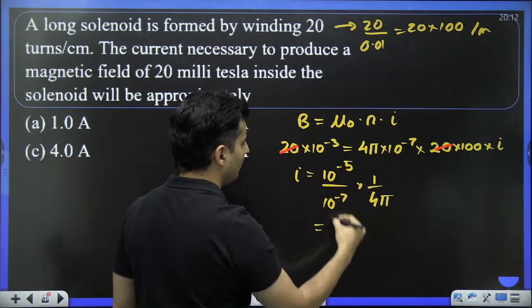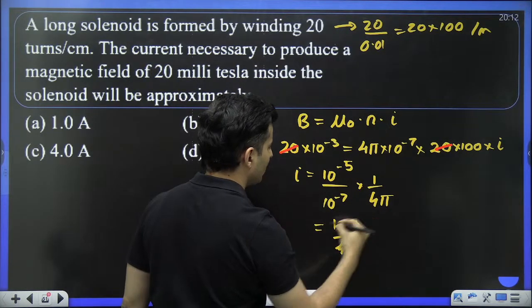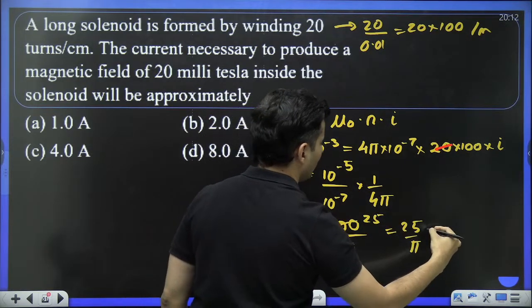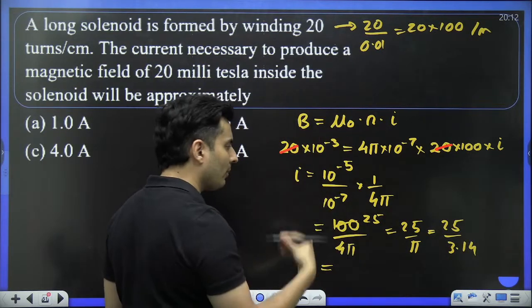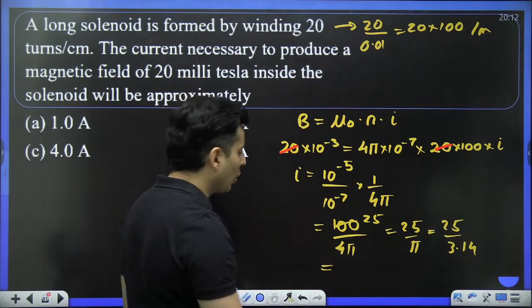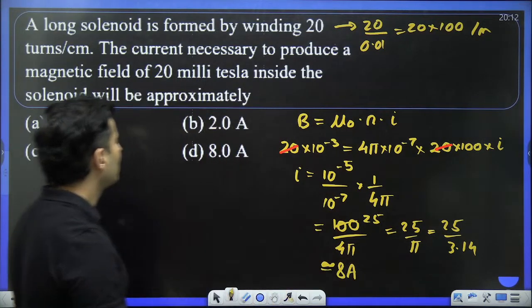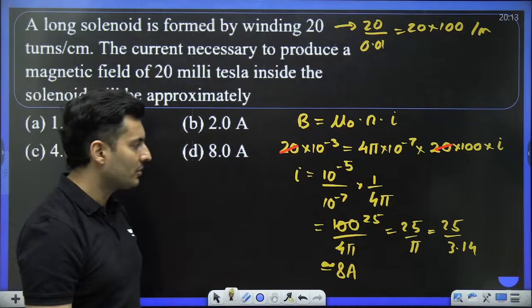So this will become basically 10 to the power 2, which is basically 100 divided by 4 pi. So this goes with this 25 times. So 25 by pi. So basically 25 by 3.14. 24 by 3 is 8. So it will be close to 8 amperes. So question itself said approximately. So it will be 8 amperes. So let's check it out. Yes, it is almost 8 amperes. There we go.